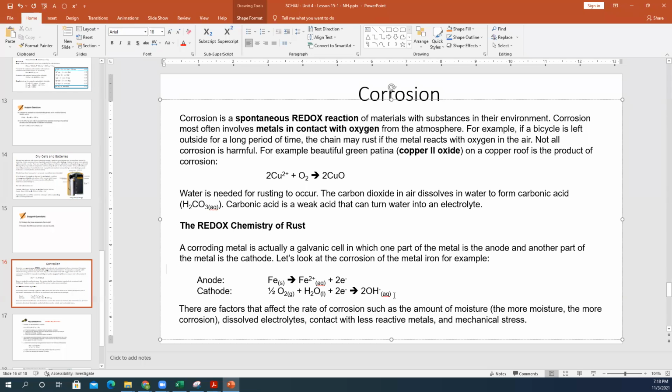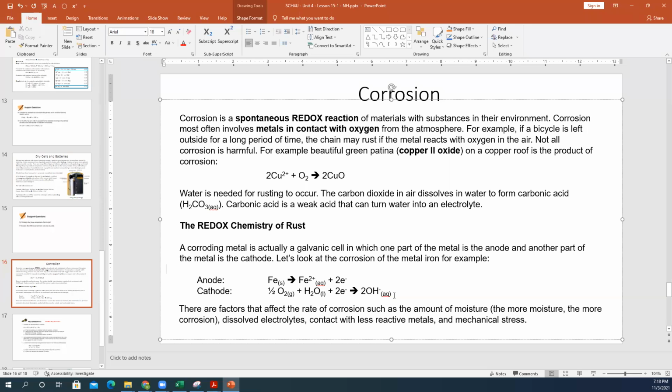And then there are several factors that affect the rate of corrosion, such as the amount of moisture. The more moisture there is, the more corrosion you'll have. If you have dissolved electrolytes, for example where there's salt, that tends to accelerate corrosion.